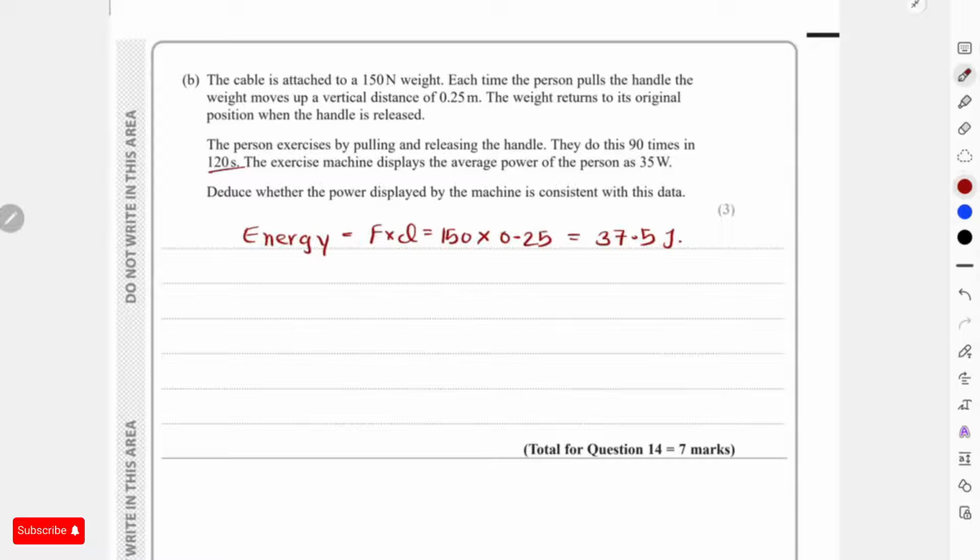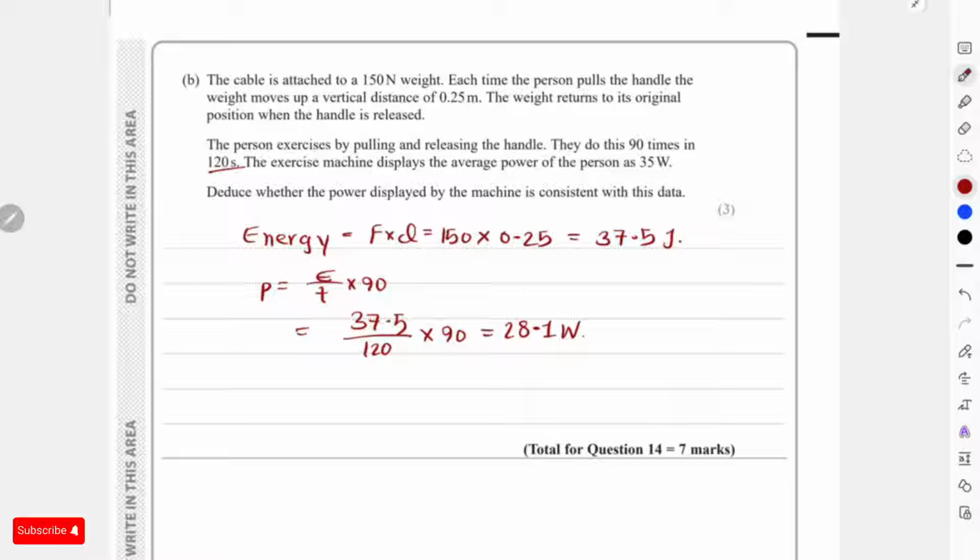But remember, it was done 90 times, so you have to again multiply by 90. So power is equal to energy over time multiplied by 90, and you get 37.5 over 120 seconds multiplied by 90, and finally you get 28.1 watt. This is the final amount of your power.